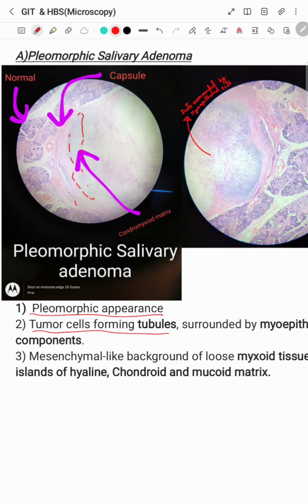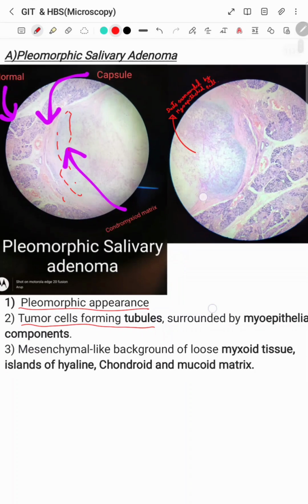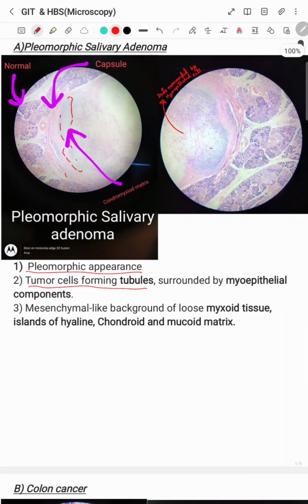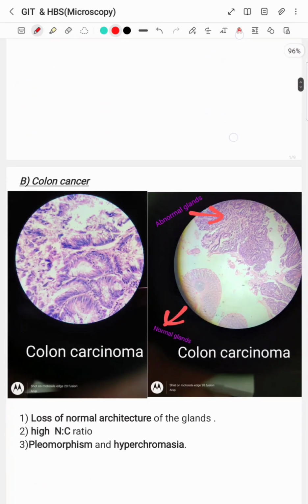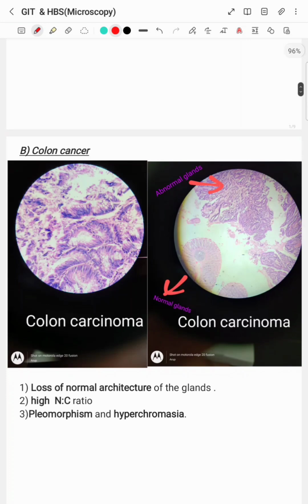Beside this, it is a mesenchymal-like background of loose myxoid tissue. Islets of hyaline, that is the hyaline cartilage we read in the first year. So islands of hyaline, chondroid and myxoid matrix. Okay, so it is the pleomorphic salivary adenoma.